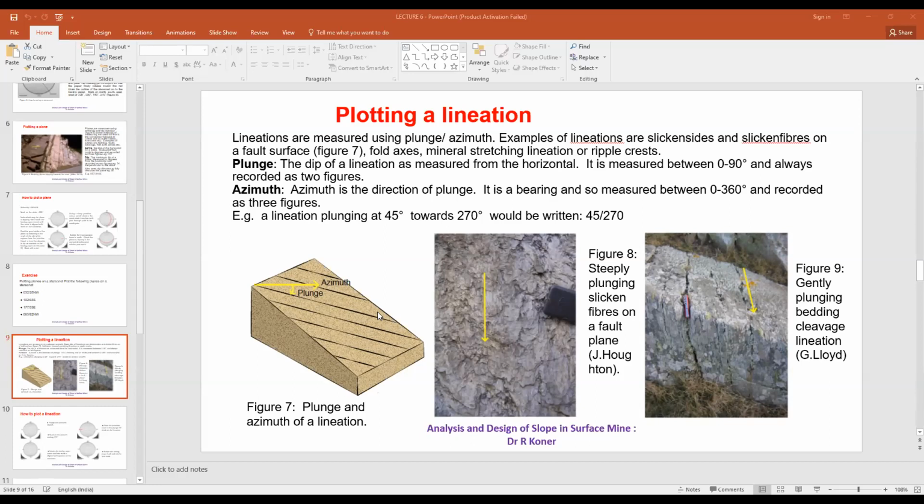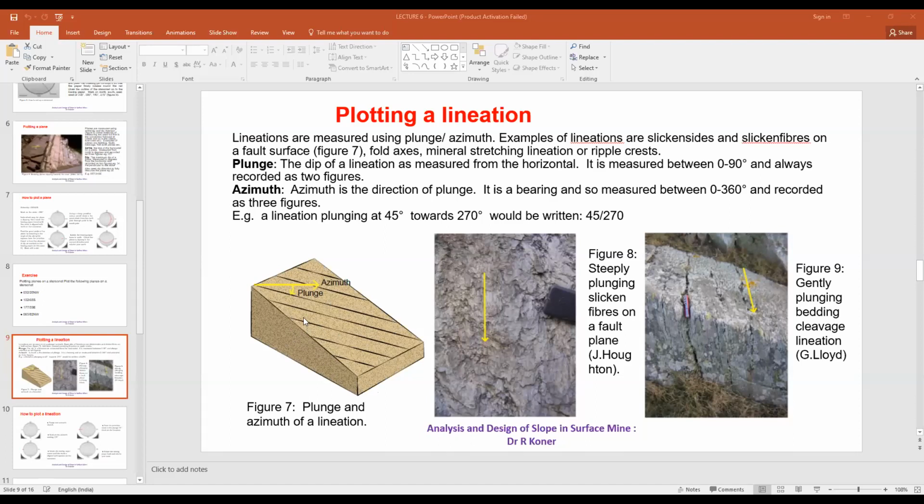If the lineation orientation is 45, then we should write 045. If the lineation is 90, then 090. So finally, we will represent the lineation structure like this: 45-degree plunge, and the orientation is 270, 45/270. This is the way of representing.